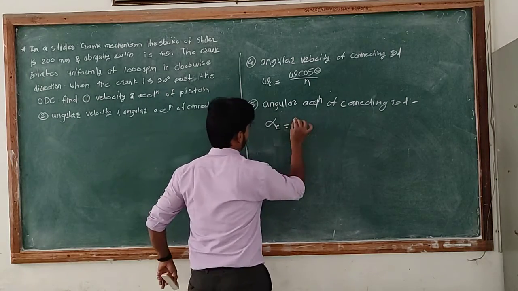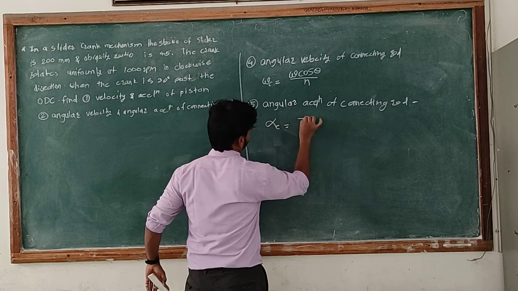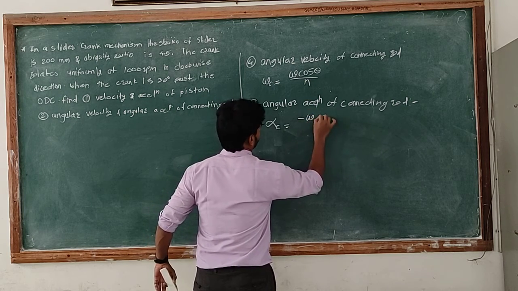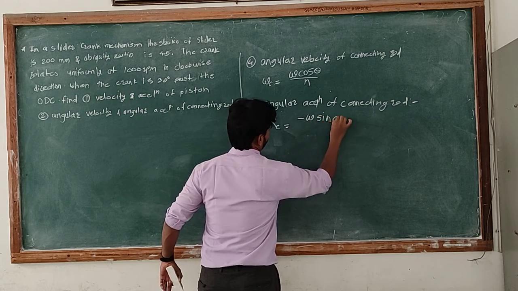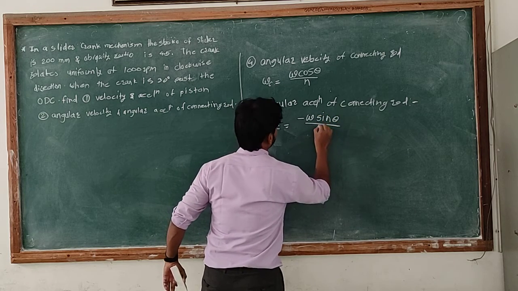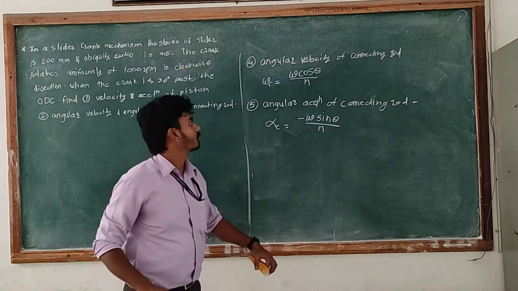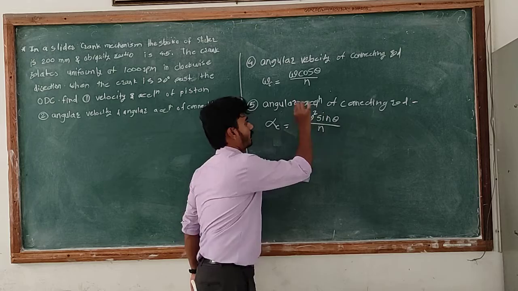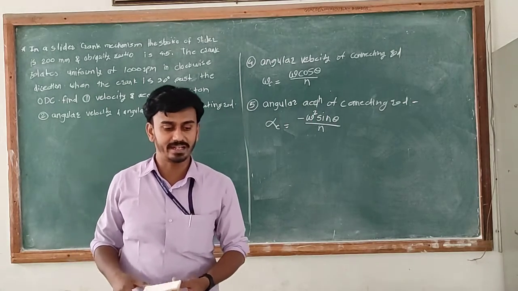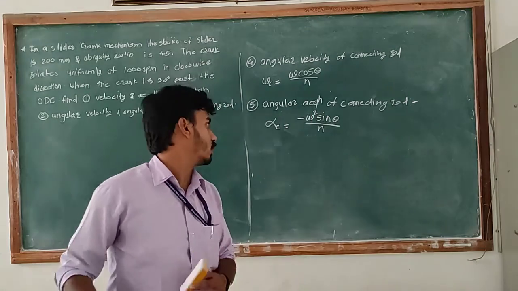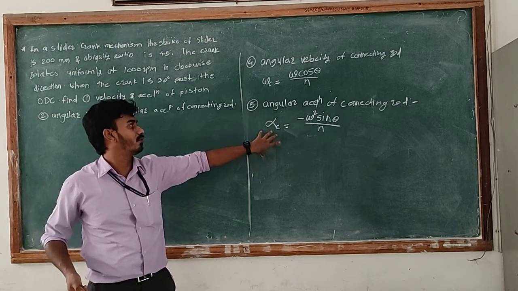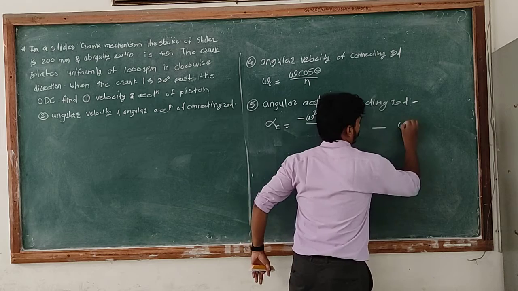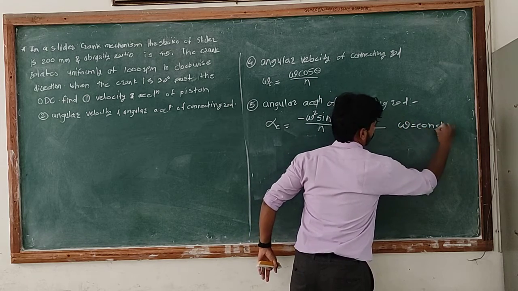Alpha c is equal to minus omega square into sin theta divided by n. This is the formula for the angular acceleration of the connecting rod when omega is constant.